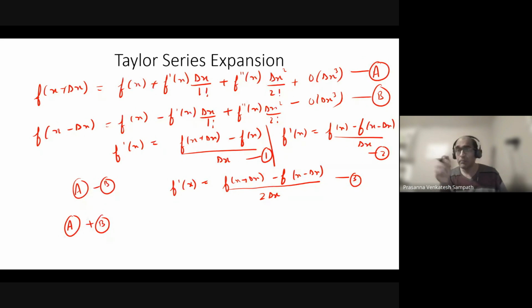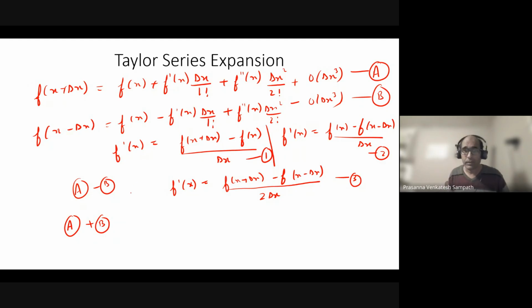The next term will be, again, f double prime x delta x square by 2 factorial plus f double prime x delta x square by 2 factorial. So when you add them, you'll get 2 times f double prime x into delta x square by 2 factorial. 2 factorial is 2, so the 2 in the numerator will cancel out with the 2 in the denominator.